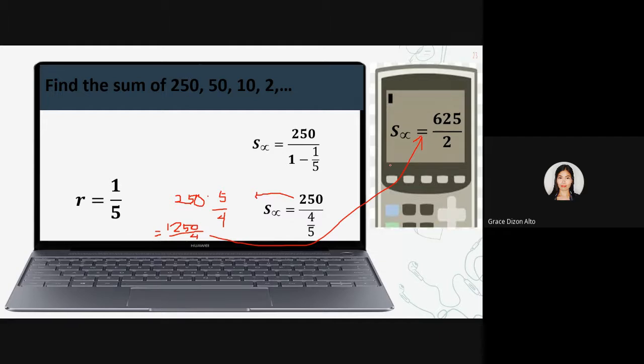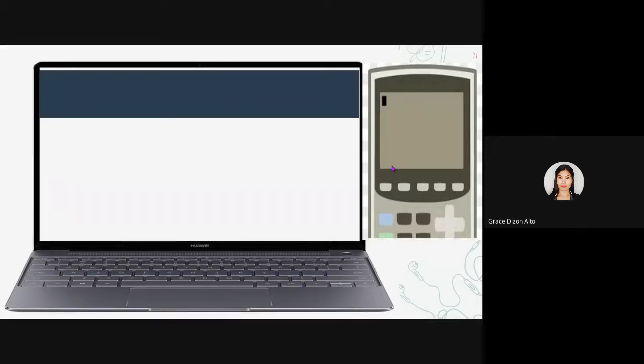So we will now proceed. Find the sum of 5, negative 5, 5, negative 5. So as I have mentioned before, if our sequence is alternating signs but the same numbers, our ratio should be negative 1.